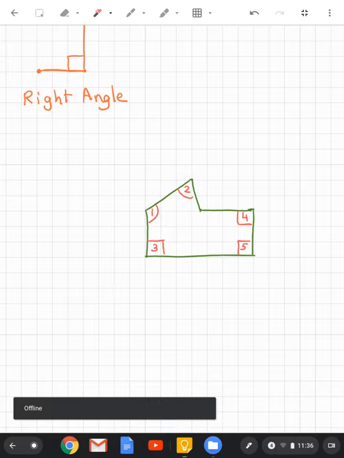Here I want to know the type of angle number 1. From the drawing you can see that angle number 1 is, yes, obtuse angle.